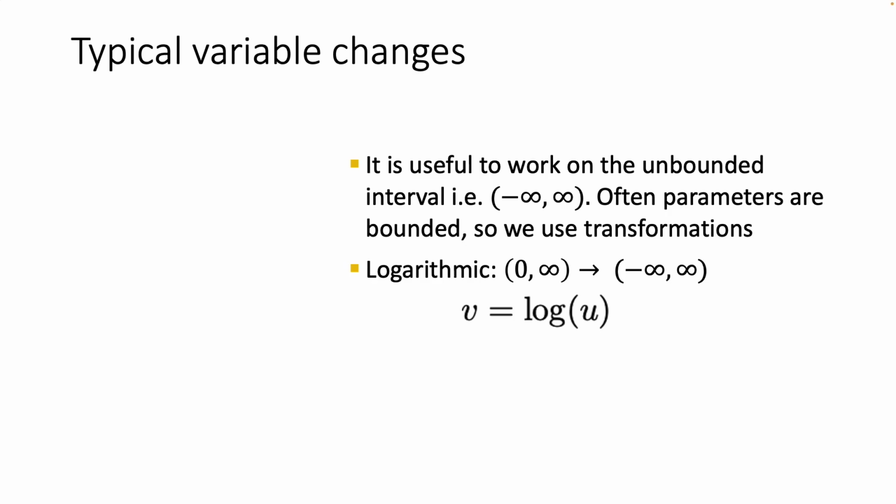There are certain variable changes that are more important than another. Because of course, we are not speaking about linear variable changes because this is irrelevant. However, in certain cases, especially from practical point of view for sampling, we do not like bounded spaces.